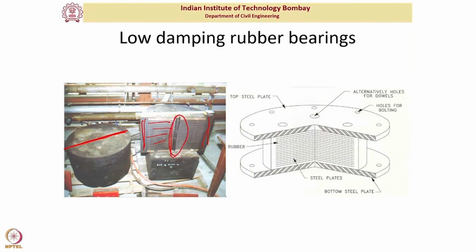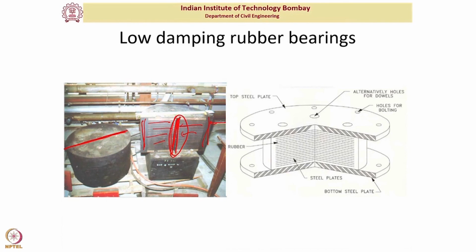The whole idea behind providing a central hole is, from the manufacturing perspective, it allows proper distribution of heat during the vulcanization or curing process. Because if you have an internal hole, it allows uniform distribution of heat so that it cures properly and you get good bonding between rubber and steel shims.